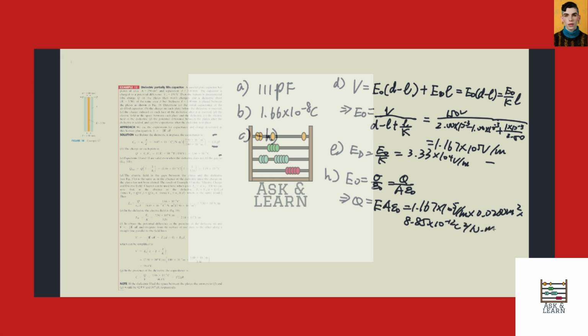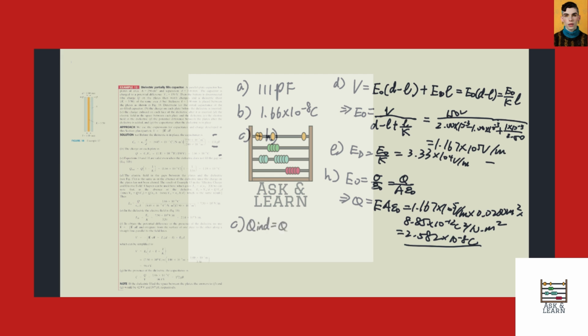Okay, so 2.582 times 10 to the negative 8 coulomb will be the total charge, and then we go back to part C to find the induced charge.